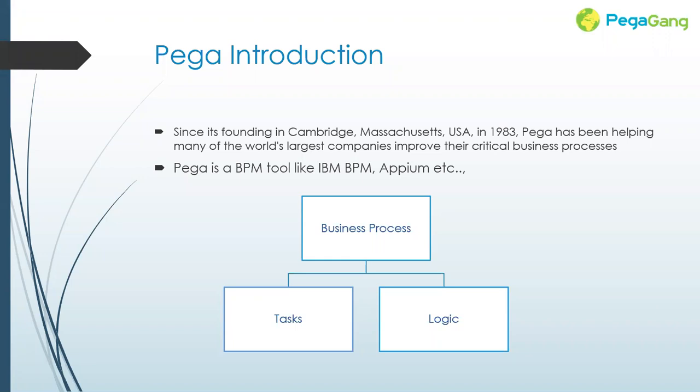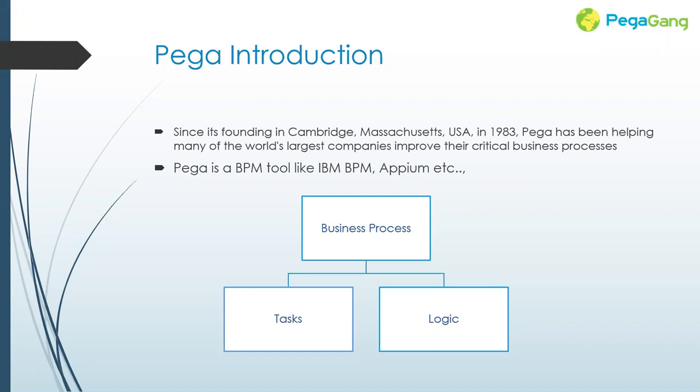Logic is the optimal outcome of that particular task. Like if the customer is calling for, suppose, the return of his or her product, what can be the logic? The way the return process should be, like how the agent should come to the customer, pick up the product, and the refund.